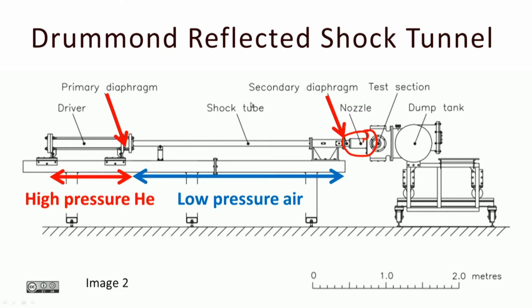Mylar is a type of plastic. And then the rest of the facility comprises a test section and a large dump tank. And these are initially pumped down to a vacuum. Since our test gas is usually at relatively low pressure, and the test section and dump tank are also at low pressure, we only need a very thin secondary diaphragm to support the small pressure differential.